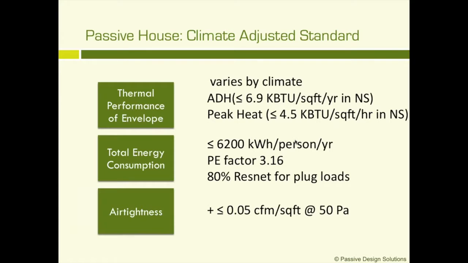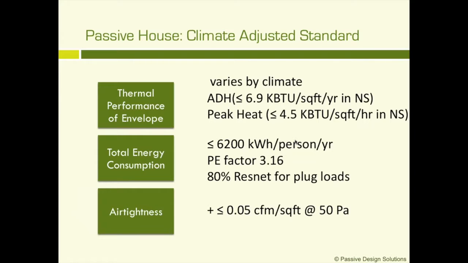The total energy consumption is less than 6,200 kilowatt-hours per person, and they increased the PE factor, basically evaluating the grid and saying that the North American grid is less effective at delivering to site, so that we have a higher PE factor, which gives us less site energy to work with for our targets.